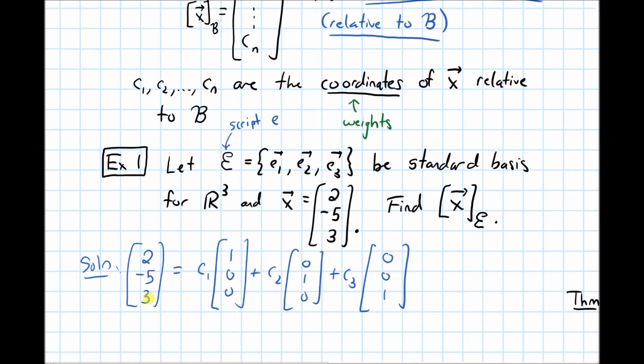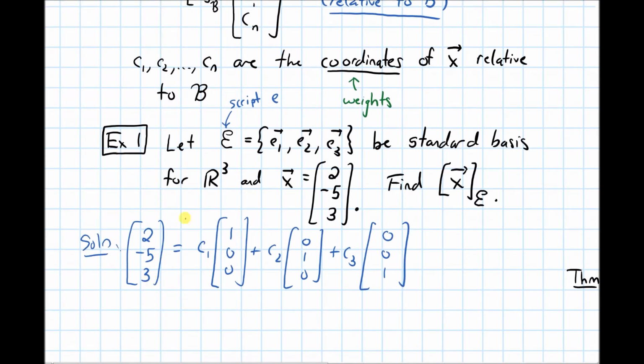These basis vectors are simple enough that we can see what c1, c2, and c3 are just by looking. c1 has to be 2, c2 has to be -5, and c3 has to be 3, if I want this linear combination to be 2, -5, 3 after I add everything up.